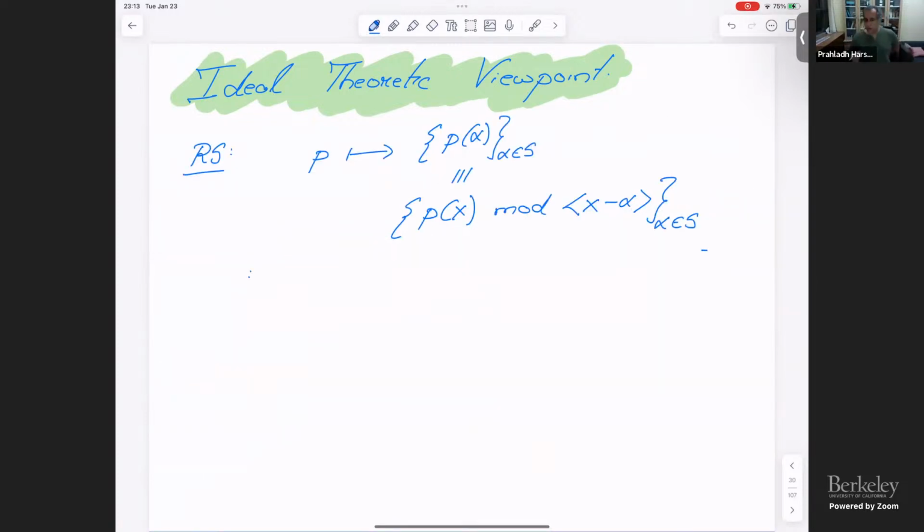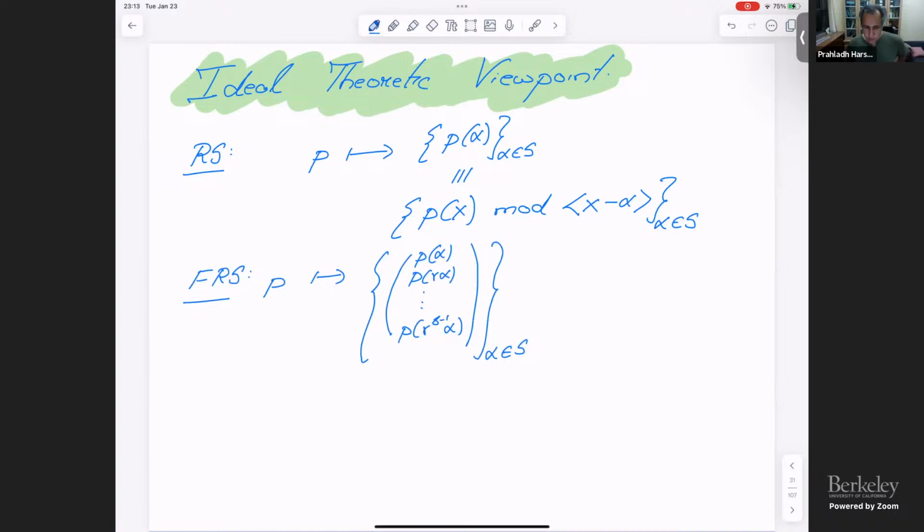Let's try to do this. So that's the Reed-Solomon ideal view. Let's try to do the same thing for folded Reed-Solomon codes. The folded Reed-Solomon codes, what did we see? We're going to write the polynomial as a folded Reed-Solomon code.